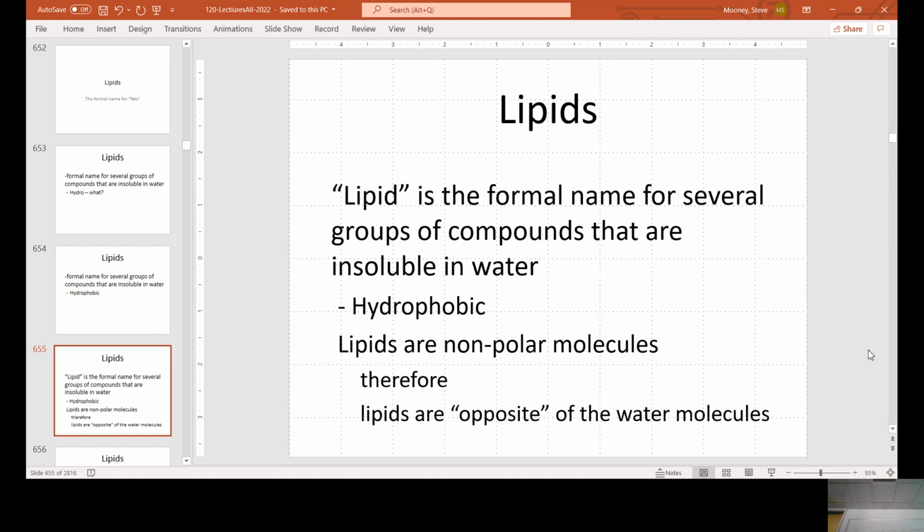Hydrophobic lipids are also non-polar, except for maybe the very ends. So non-polar, mostly hydrocarbons, with a little oxygen here and there. They're opposite of water in that way. They don't like being around water. They like to be by themselves.